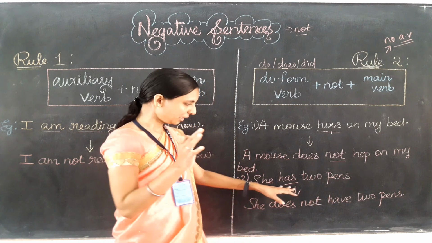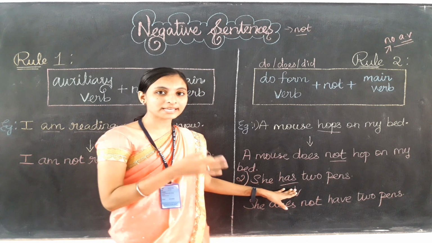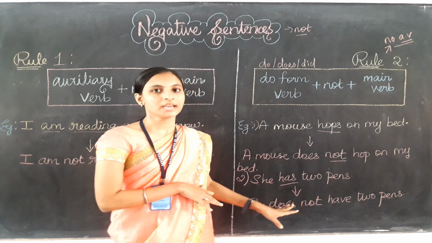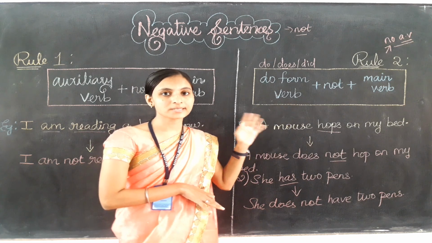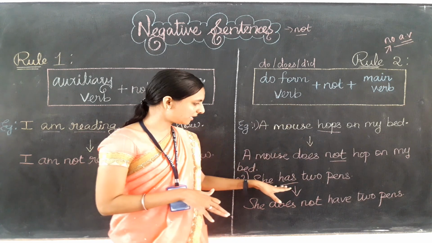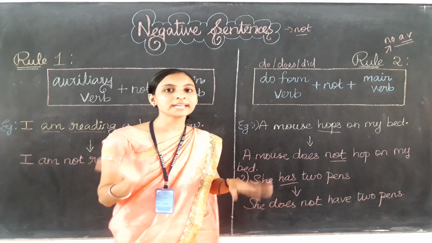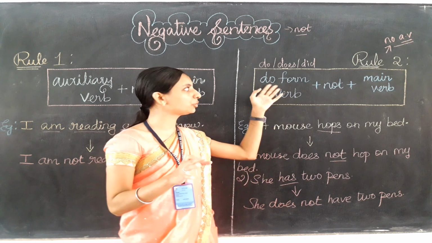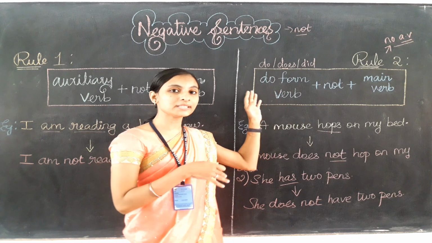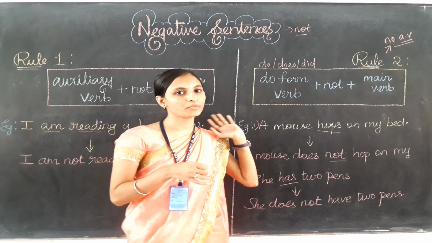Remember that if the auxiliary verb itself acts as the main verb, we need to use this formula only, this rule only, okay? Because here has is a main verb only, not an auxiliary verb. So when we find no auxiliary verb in a sentence, we need to apply this rule only. We need to use the do form verb.